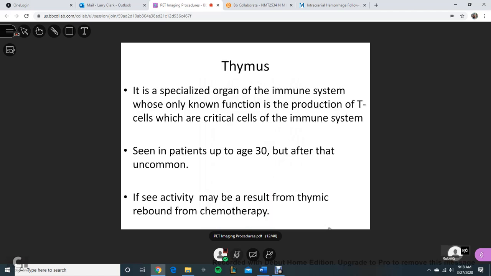Your thymus. It is a specialized organ of the immune system.